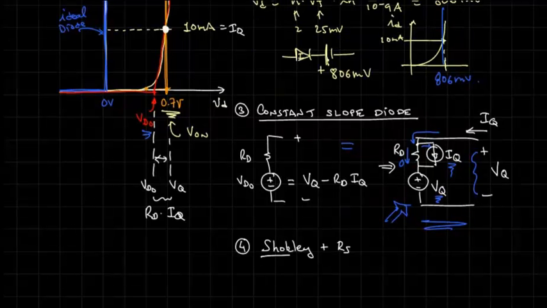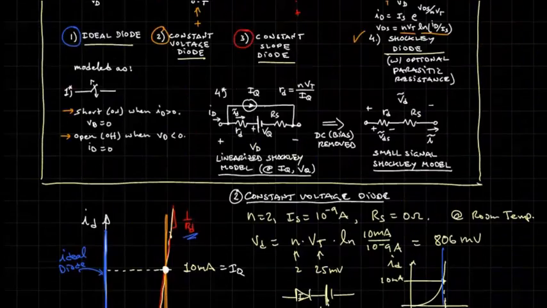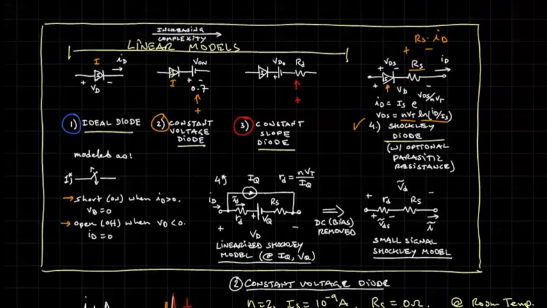The last model we're going to look at is the Shockley plus series resistance. This model we actually already looked at in the first lecture. We looked at real data and showed how you can pick the parameters of the Shockley diode, primarily N, the emissivity or ideality constant, and IS, the scaling or saturation current.